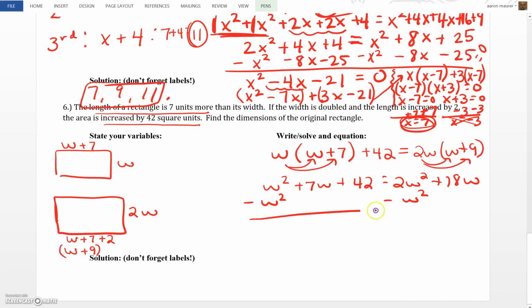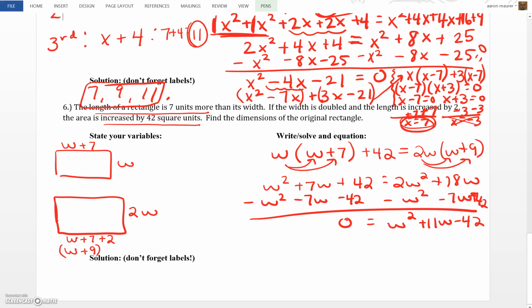So I subtract the W squared and I get W squared. Subtract the 7W and I get the 11W. And then I'm going to subtract 42, minus 42. And that is equal to 0.